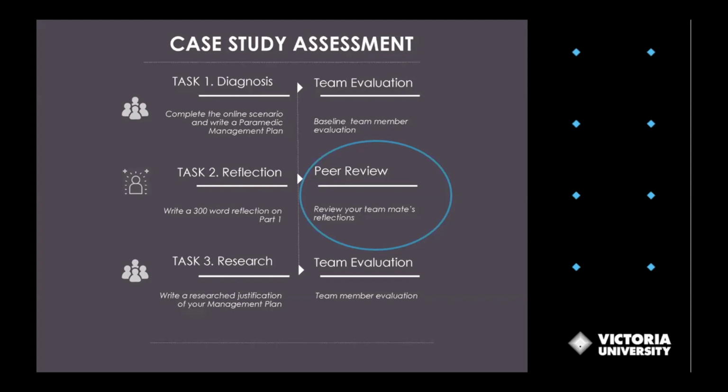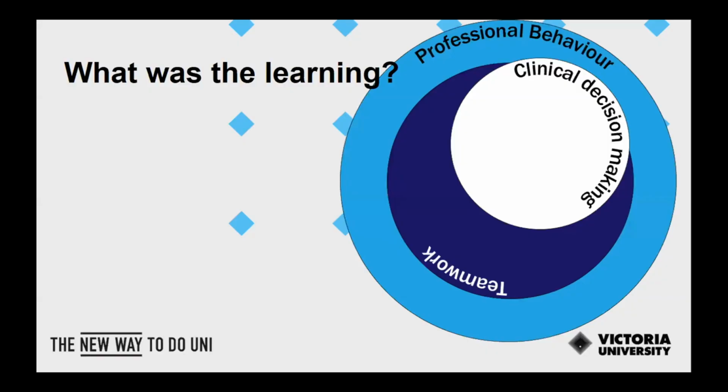Reviewing each other's reflections was really about each member considering each other's analysis of what had happened and what could have been done differently, including what alternative diagnosis the team could have considered. So what we were really trying to assess were 3 interrelated themes or skill sets, broadly considered under the banner of professional behaviour.